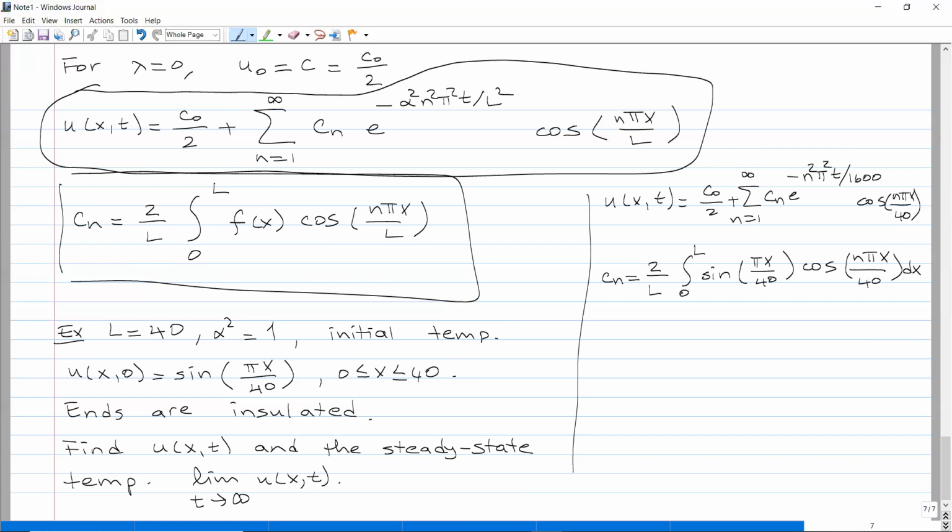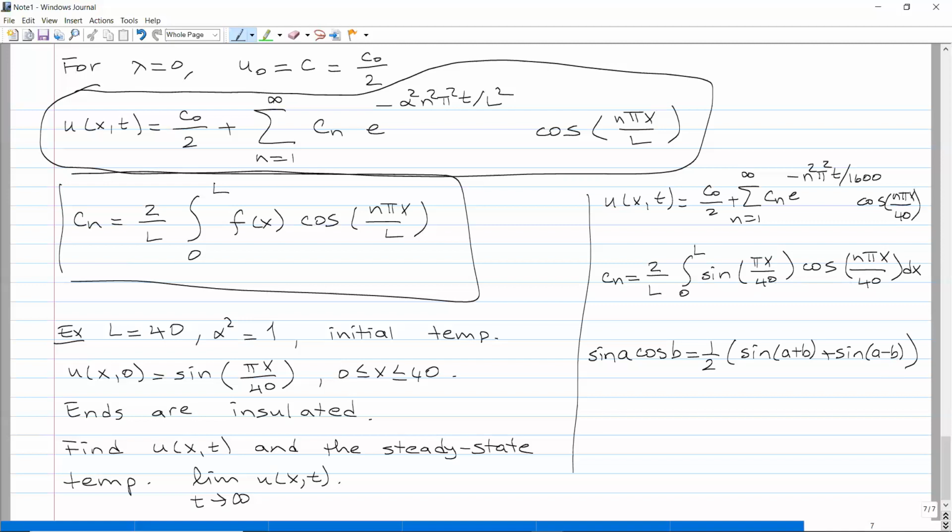To take this integral, we use this trig identity: sine A times cosine B is 1/2 of sine of A plus B plus sine of A minus B. But when we take A minus B, here sine pi x over 40, cosine n pi x over 40, when n equals 1, the difference is going to be 0.